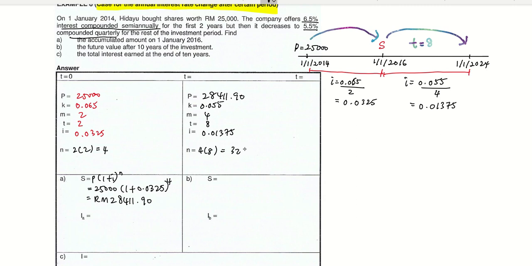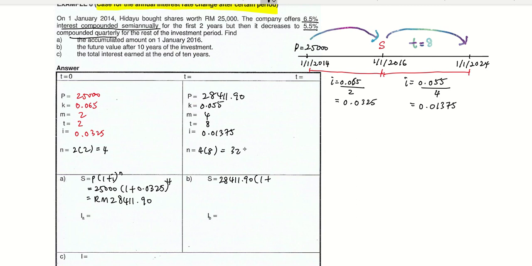So to find the amount at the end of 10 years of the investment, we substitute the new principal, which is 28,411.9, times 1 plus i.